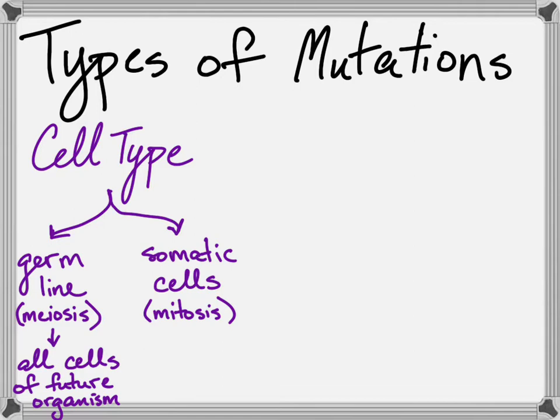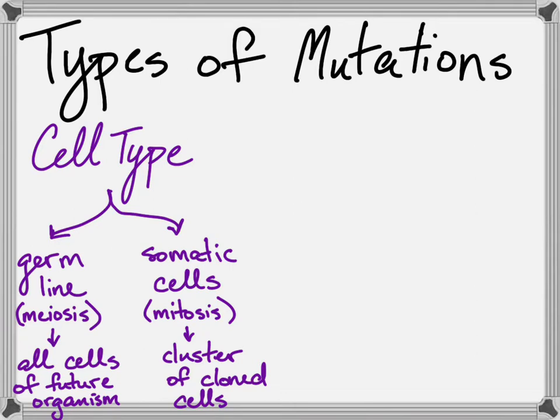But with a body cell mutation, you're going to have a cluster of cells that grow from that one mutant cell as the cell replicates itself. And so that will just create a region in the body with that mutation, which may or may not have wide-reaching or even visible effects.